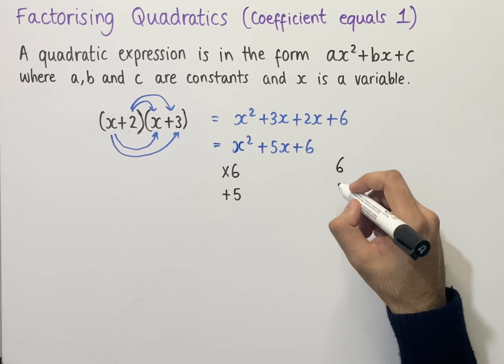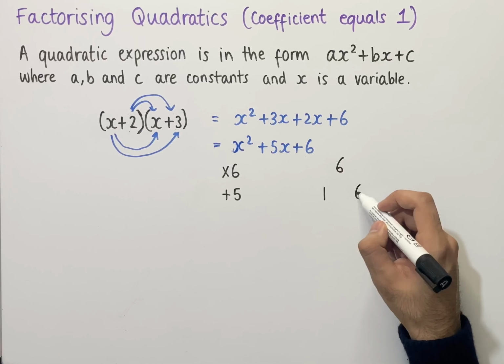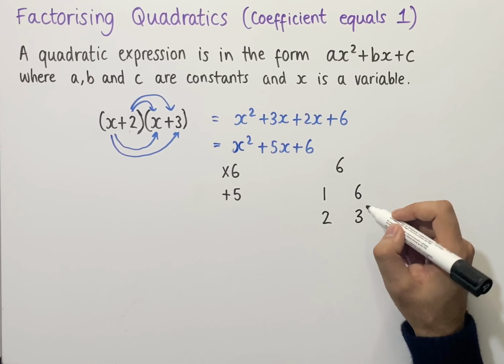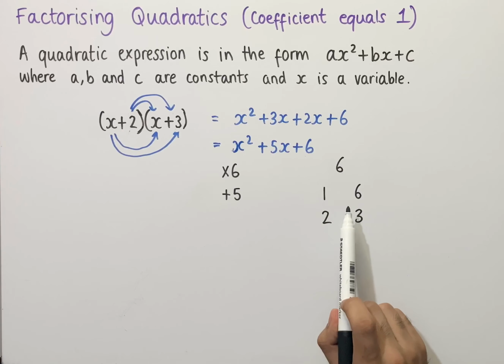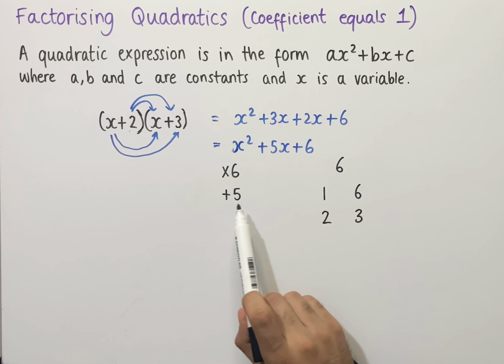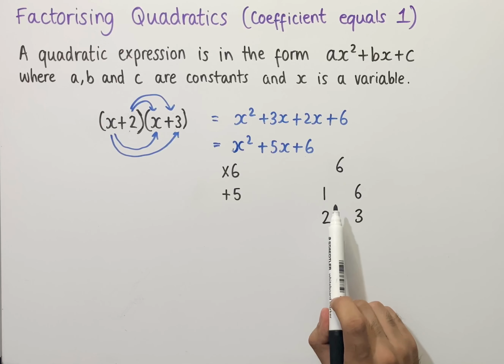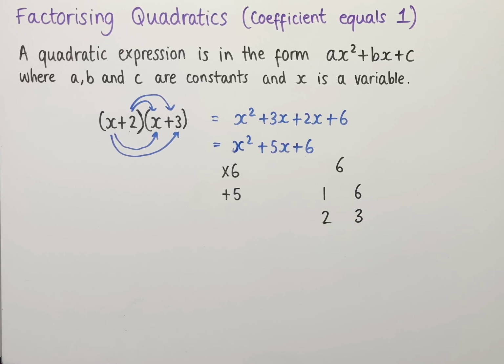So in other words, one pair would be 1 and 6, since 1 times 6 equals 6. Another pair would be 2 and 3, since 2 times 3 equals 6. Another condition that the pair of numbers needs to satisfy is that they need to add to make 5. And so in this case, we can consider different signs and then see which pair gives us 5 after adding the two numbers together.